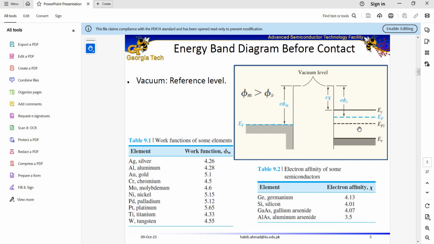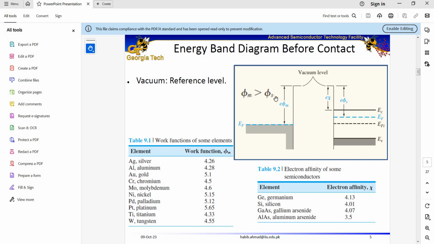In our example, gallium nitride, the electron affinity is approximately 4.1 electron volts, and generally the Fermi energy level is really close to the conduction band. So our work function would also be around 4.1, 4.2, 4.3 electron volts for N-type gallium nitride.